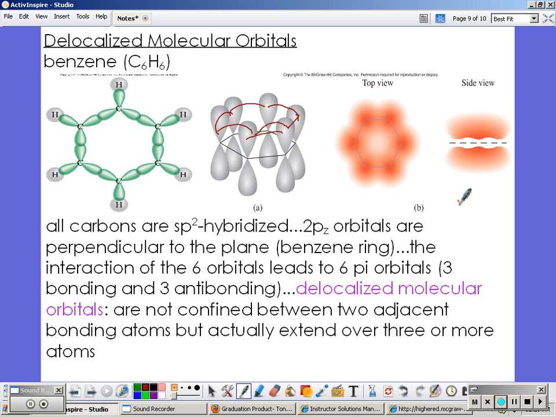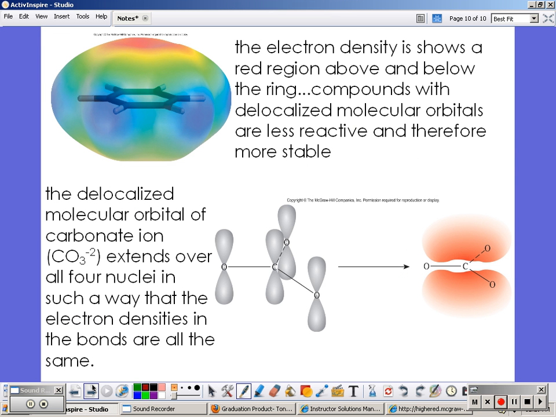So we have this extension of this ring, so those double bonds float in between. And we have a resonance structure. The electron density shown here shows a red region above, and there's a red region below the ring. So the compounds with delocalized molecular orbitals are less reactive, therefore they're more stable. So benzene is a very stable molecule.